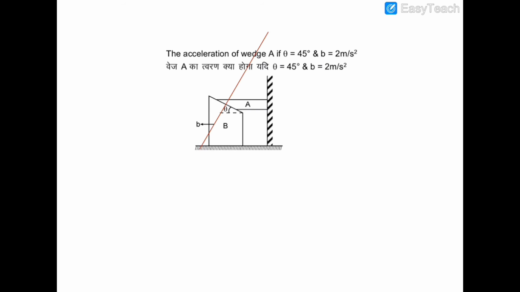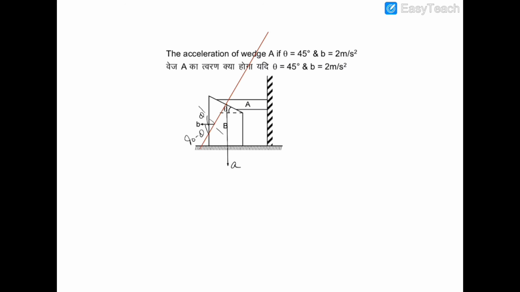The rod is moving downwards, so we are drawing the acceleration of the rod, and we are assuming it as A. Now this angle is theta and this angle is 90 minus theta.